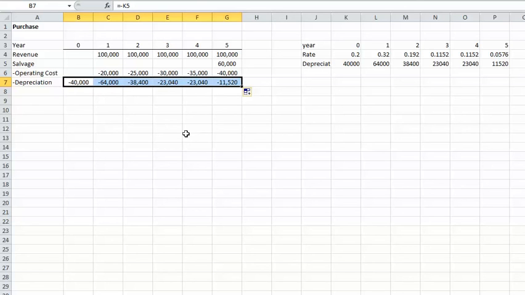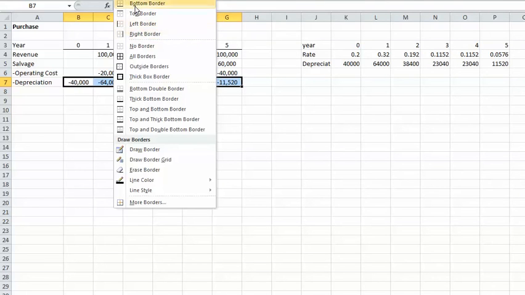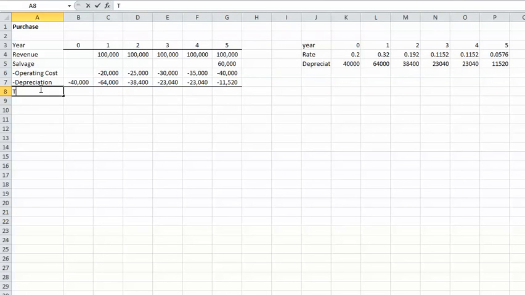Then we calculate the taxable income, which is the summation over each column. We apply that to the 5 years. Then we calculate the tax, 40% of taxable income.